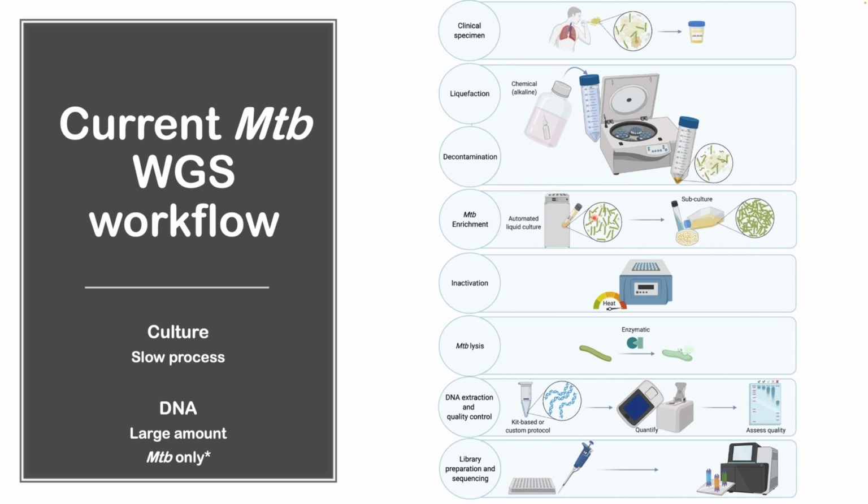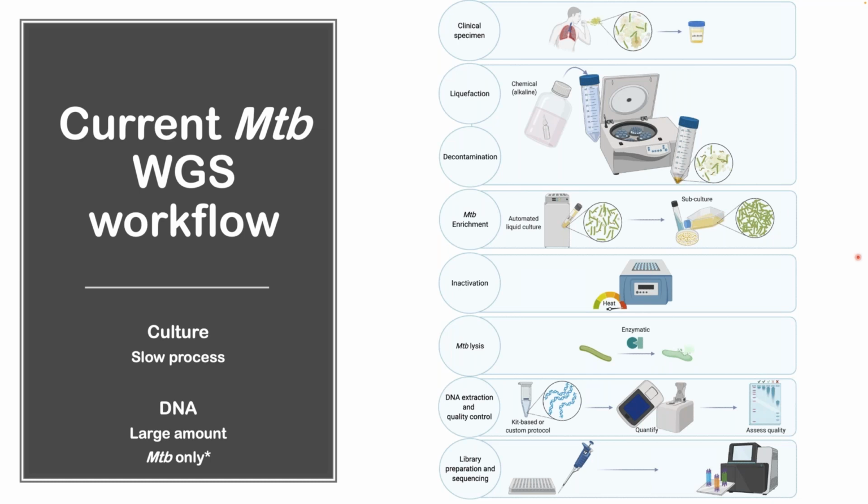So next, the sample undergoes MTB enrichment, often through automated liquid culture methods, such as the MGIT or Mycobacterium Growth Indicator Tube system, and subsequent subculturing on then solid or liquid media further increases the MTB biomass while removing additional non-MTB contaminants. And this process of subculturing is often done in research lab settings.